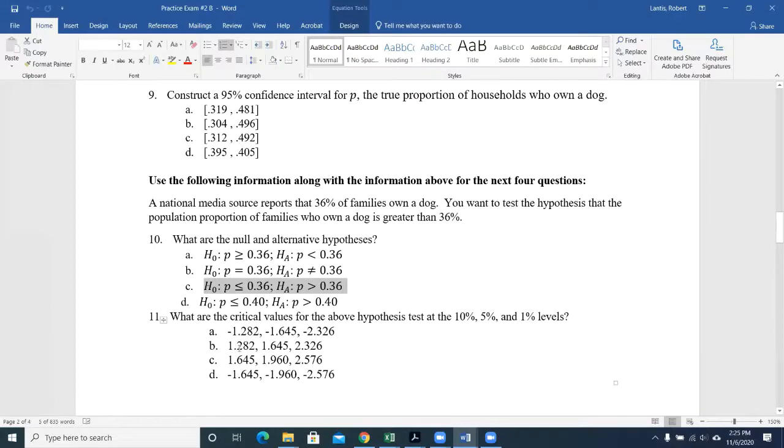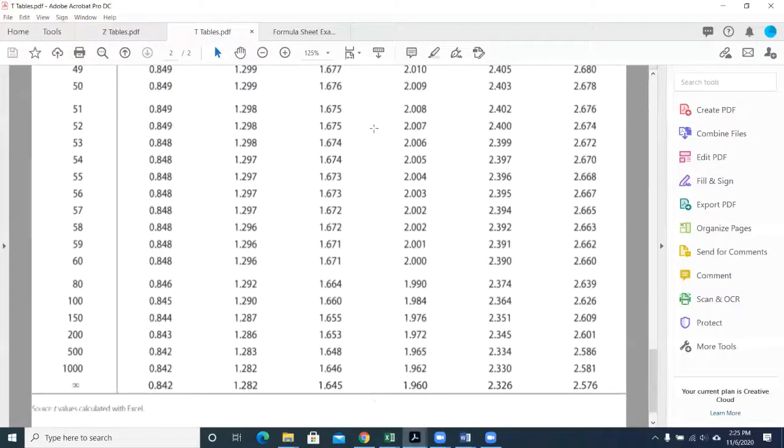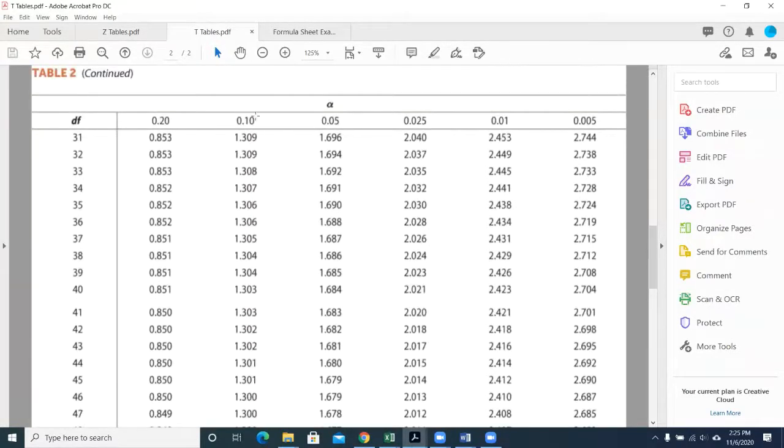Now, I could actually do this another way as well, which I won't say is cheating, but it makes it a little bit easier. If I go to my student T table and look at this very last row, a student T distribution with infinite degrees of freedom would be a standard normal distribution. So this last row tells me the values for the standard normal distribution that give me these different areas in the tail.